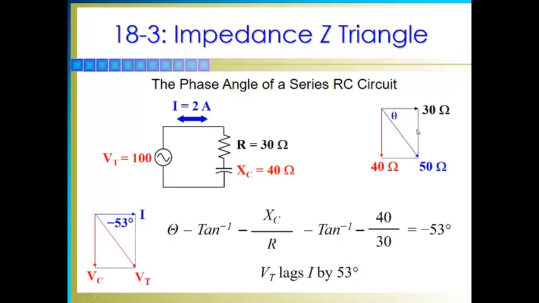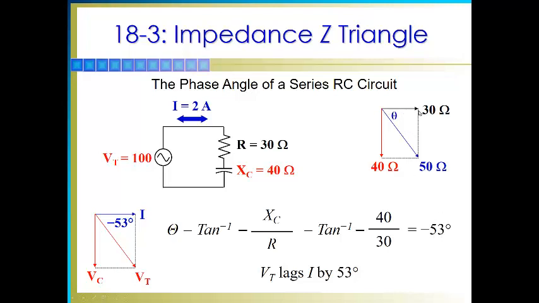But this, as you can see, is going down, so it's going to be a negative value. So it's going to be negative 40 divided by 30. That would be the tangent of the angle. So to find the angle, we take the inverse tangent, which will give us negative 53 degrees.